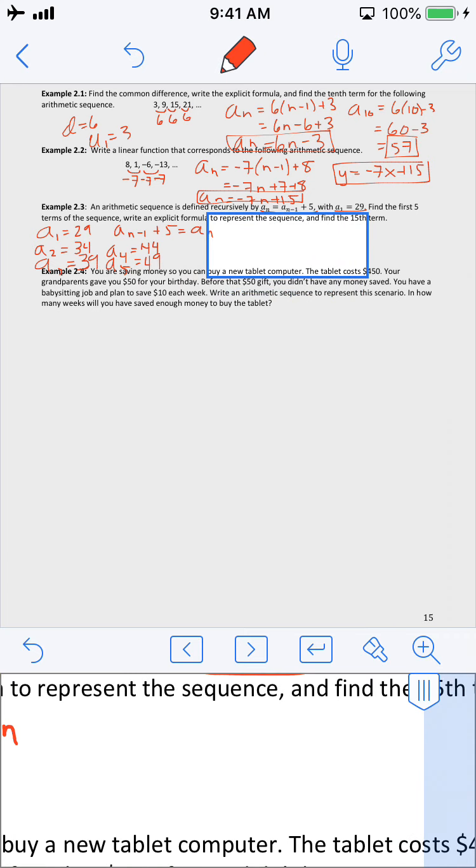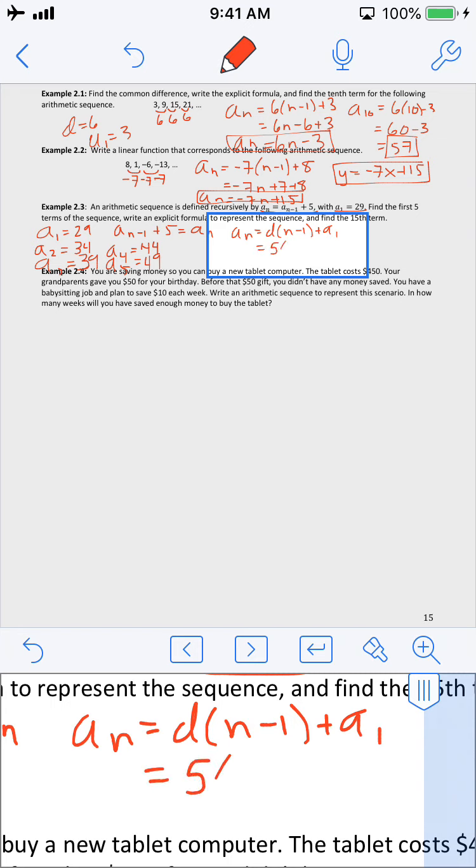Okay, now explicit formula. Well, we found that difference. We have the first term. So an equals d(n minus 1) plus A1, which is our linear, right? It's y equals mx plus b, but it has been adjusted so we don't have a 0, right? So the x is n minus 1. All right, and that would be 5(n minus 1) plus 29.